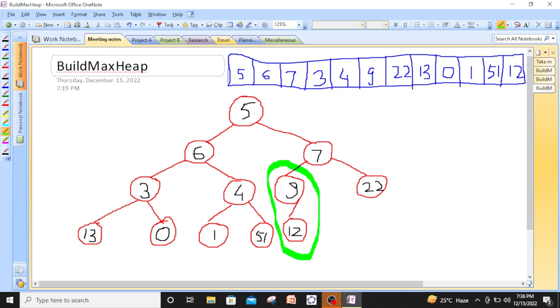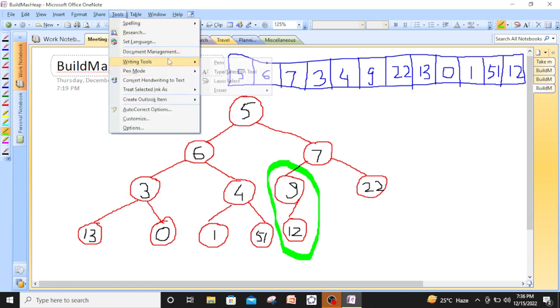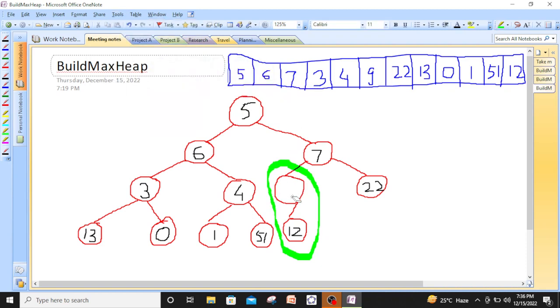So I interchange these two values. Now you see I have interchanged, and this enclosure, that is the node 12 with its child 9, has been heapified.